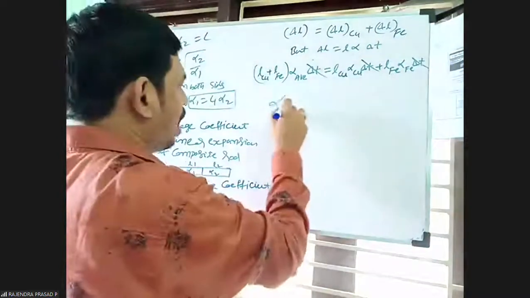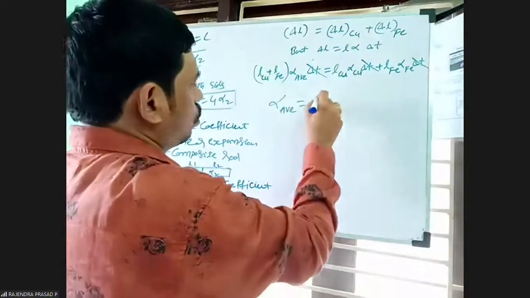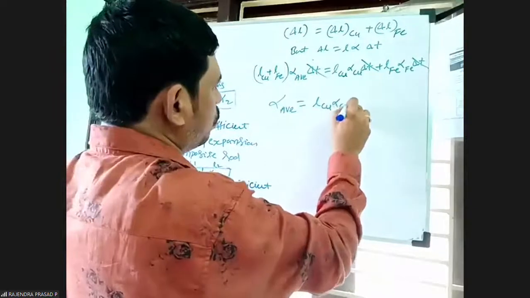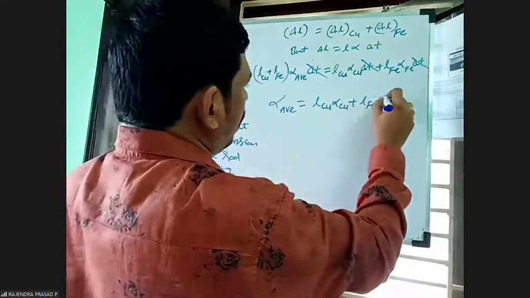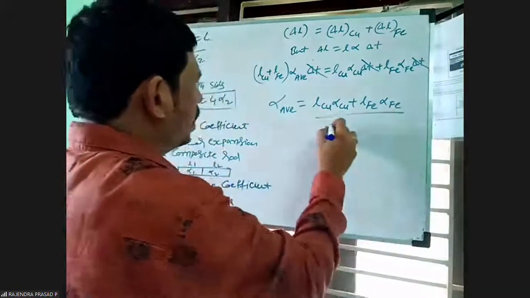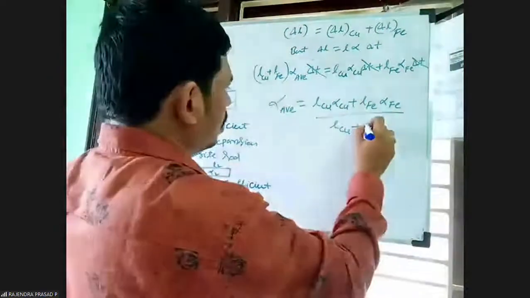So alpha average equals L Cu alpha Cu plus L Fe alpha Fe, by L Cu plus L Fe.